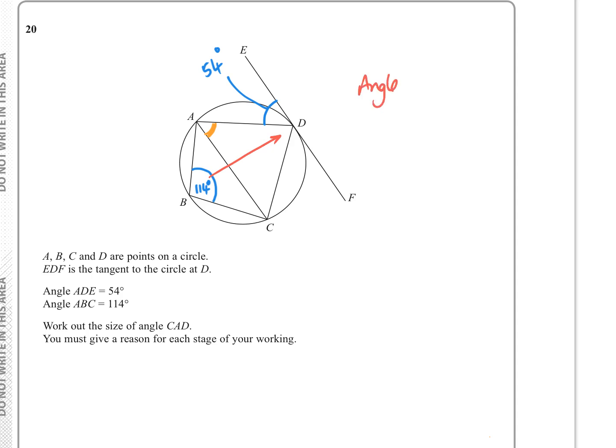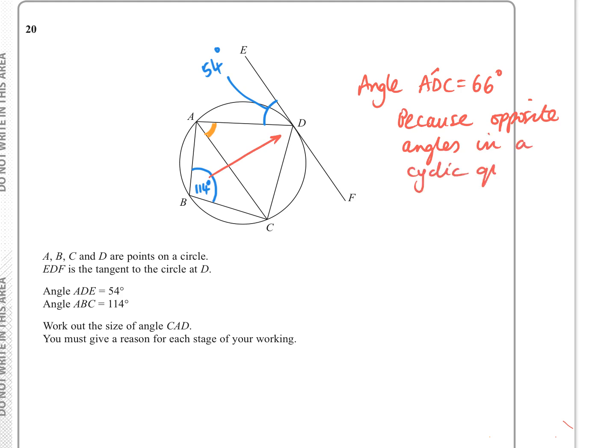Right, I personally would say angle ADC is 66 degrees, and that's because opposite angles in a cyclic quad, you can use an abbreviation, I don't think it would hurt too much, add up to 180 degrees, and you could show your workings or not.